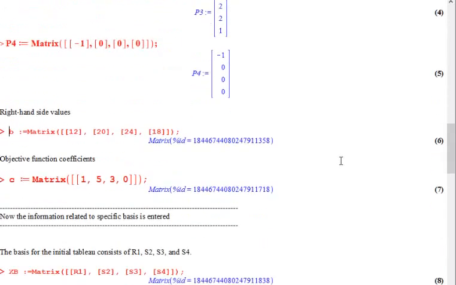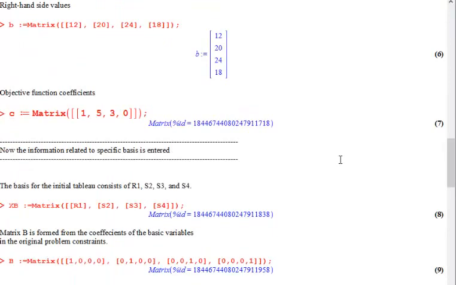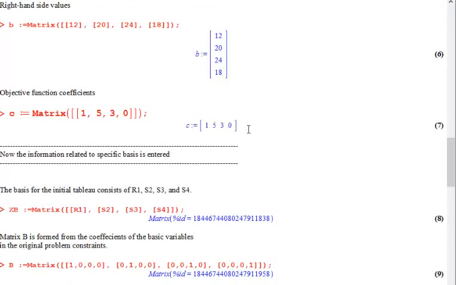We are going to introduce the matrix B, the right hand side matrix. We are going to introduce the C vector, and notice that the coefficient of S1 is also added to C. Now we are introducing our first basis.